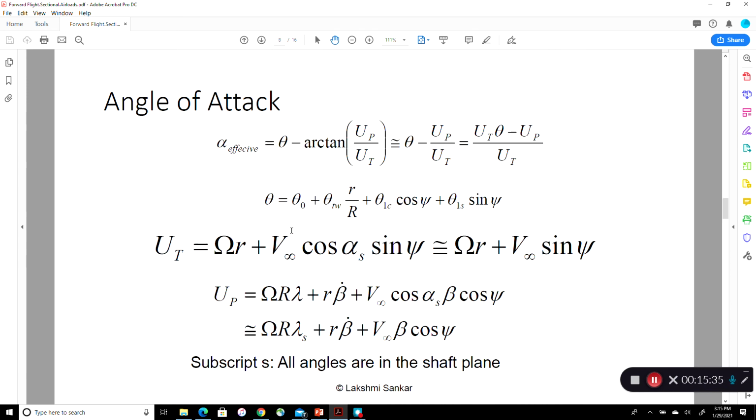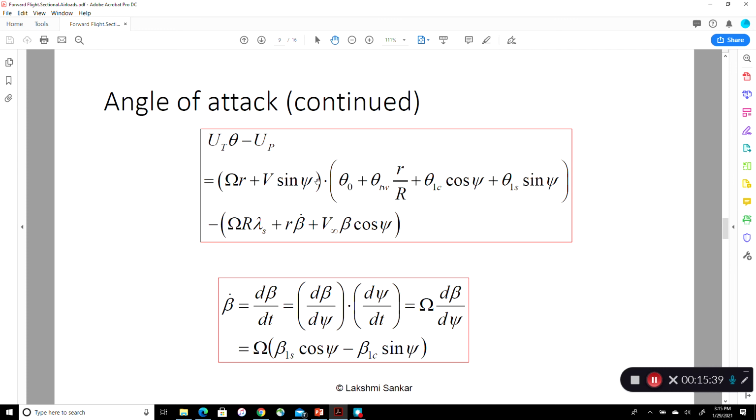Now, the numerator is UT theta minus UP. So this is UT times theta minus UP. Now, this has a beta dot. Beta dot is d beta dt. So you could write it as d beta d psi times d psi dt.